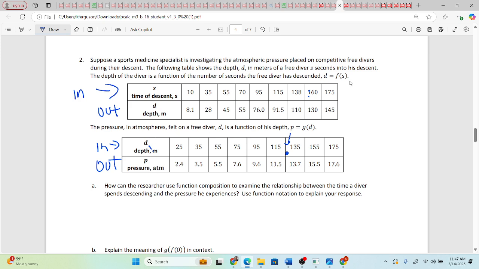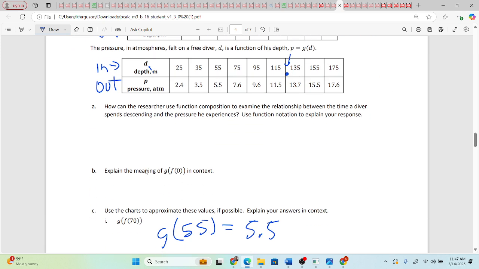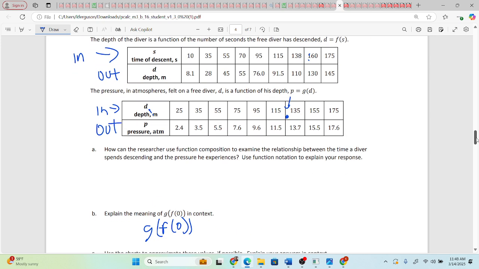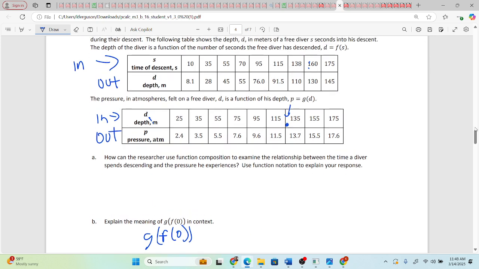So explain the meaning of g of f of 0. I can help you if you want me to. What is the meaning of g of f of 0?